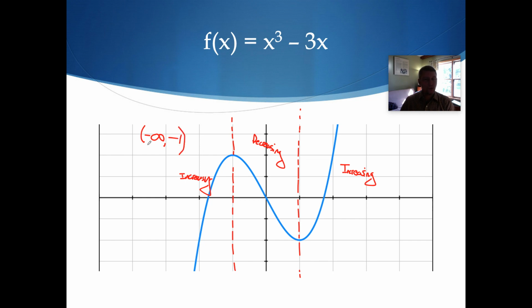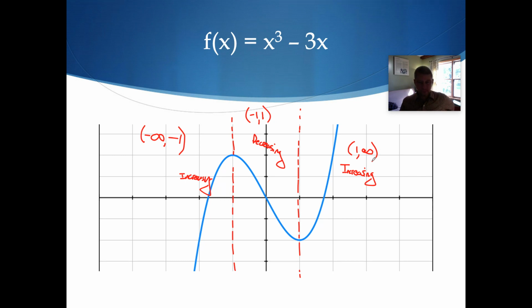All right, and so from negative infinity to -1, we're increasing. Here, from -1 to 1, we are decreasing. And then here, from 1 to positive infinity, we are increasing.